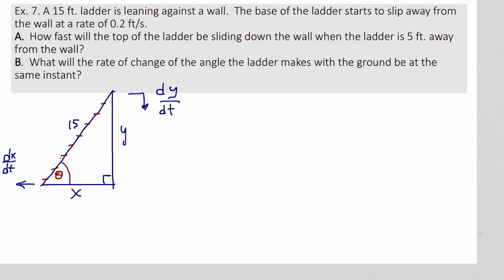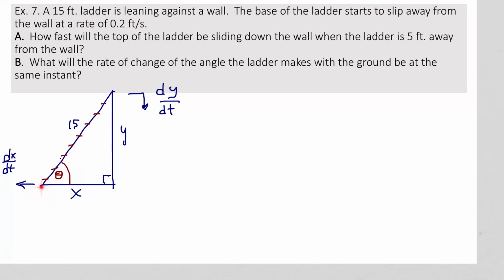So for our last example, we have a 15-foot ladder leaning against a wall. We'll call the wall side Y, and the ground side X. So the distance between the base of the ladder and the wall is X, and of course the 15 would be the length of the ladder. It says the base of the ladder starts to slip away from the wall at a rate of 0.2 feet per second.